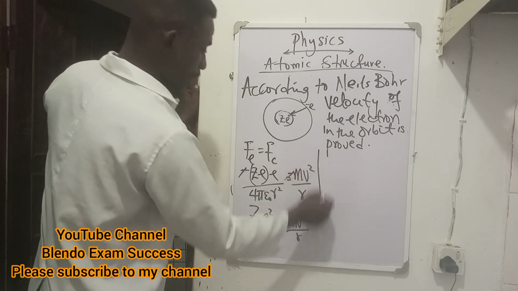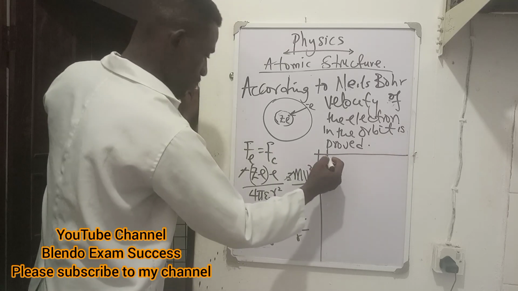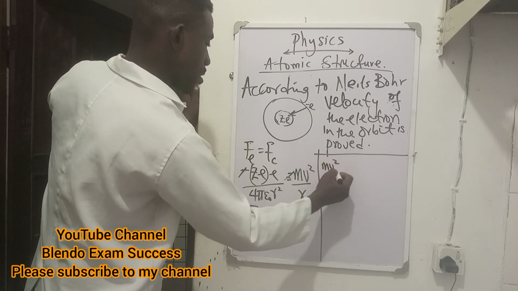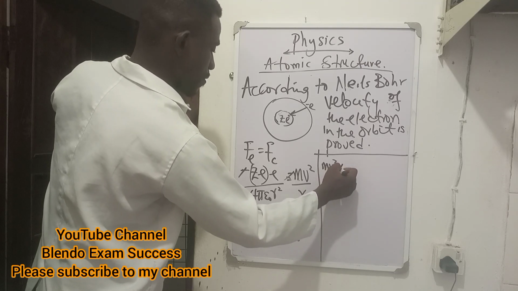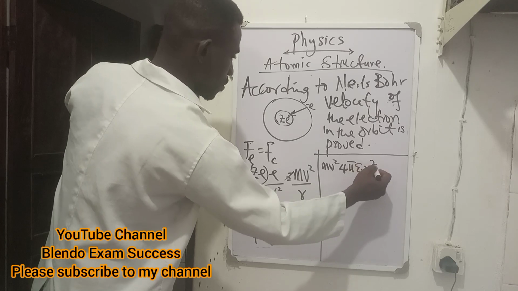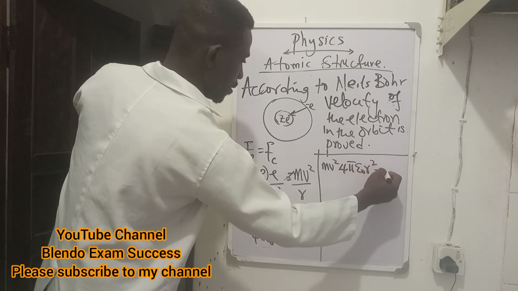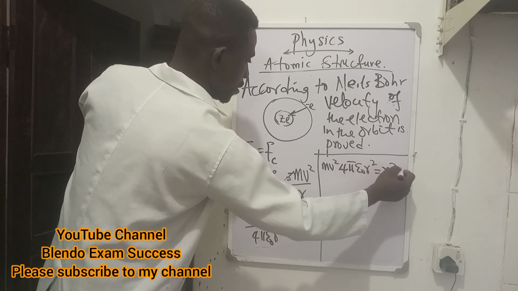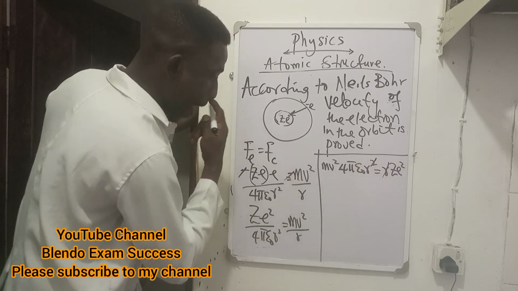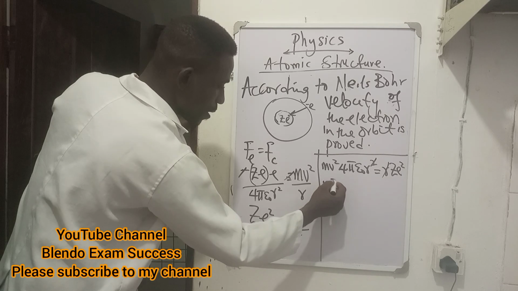Then we have that mv squared is equal to, crossing and multiplying, r times Ze squared over 4 pi epsilon naught r squared. So this cancels this, making v squared the subject of the formula.